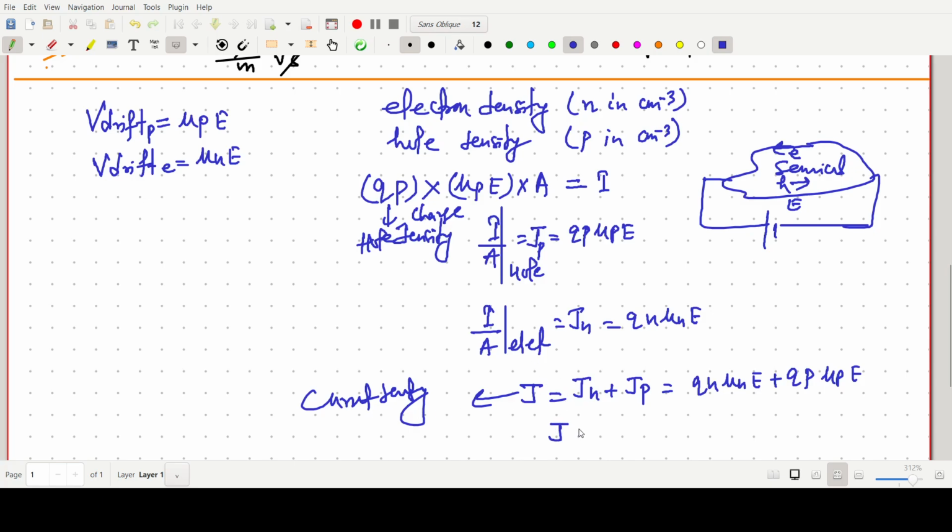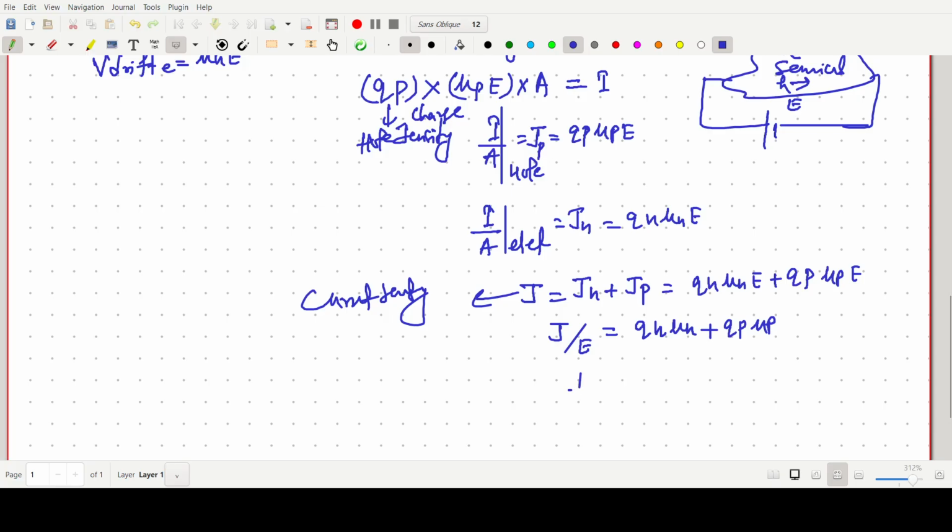Now, if we divide J by the electric field, it will give q n mu n plus q p mu p. Okay, so this J by E, current density by electric field, is nothing but simply 1 by rho, resistivity.